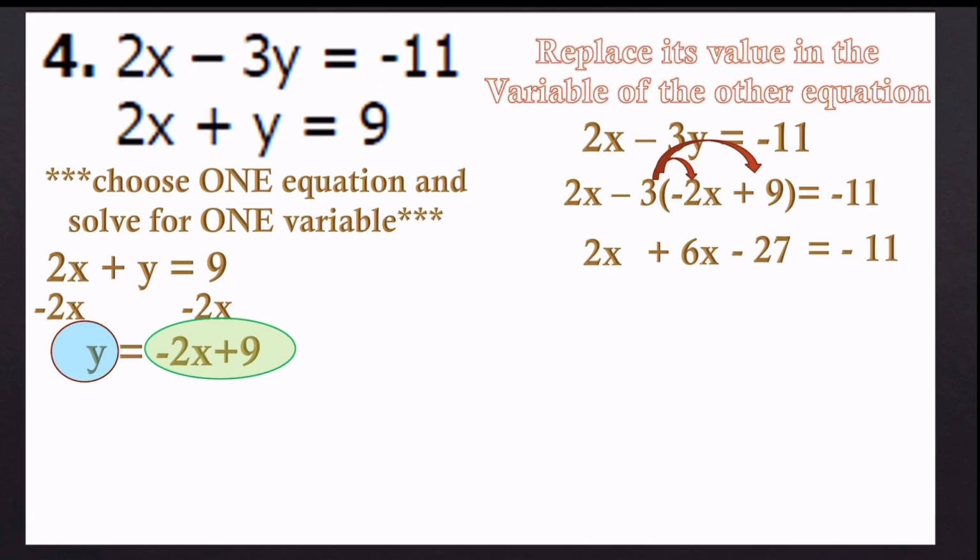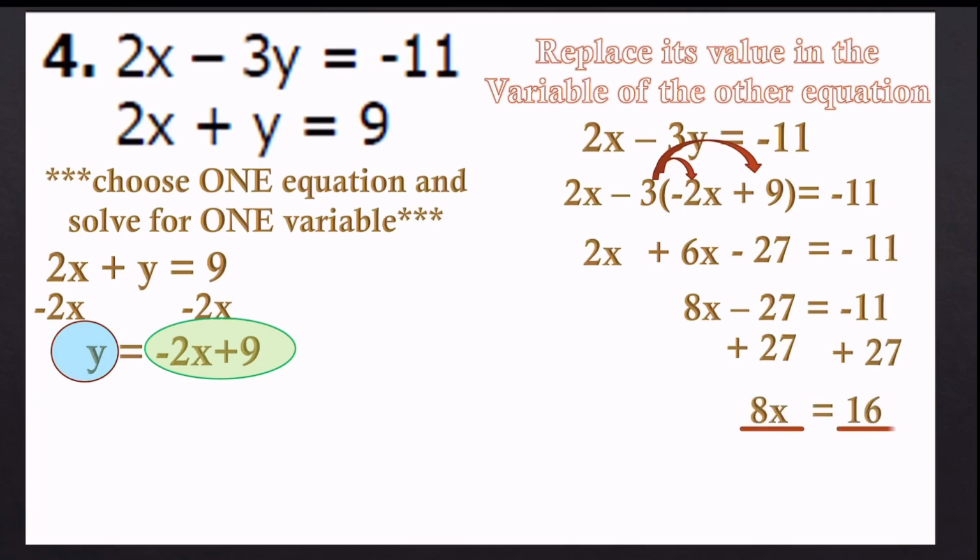When I combine my like terms of 2x and 6x, I get 8x. The 27 didn't have a like term on that side. I'm going to add 27 to both sides so that 8x equals 16. Divide both sides by 8 so that x equals 2.